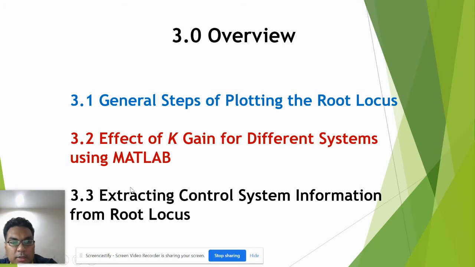The last one is a more comprehensive introduction on how, when there are questions that ask you to determine certain parameters of the root locus elements, you can use MATLAB to extract them easily.